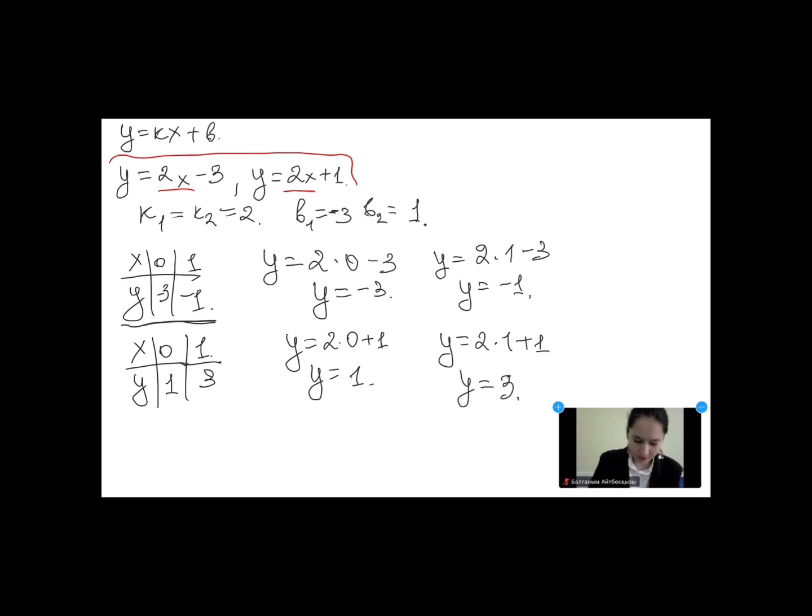Let's draw the first function's graph. If x is 0, then y is minus 3. If x is 1, then y is minus 1. Yeah, you're right. And here will be a point, and here will be a point, minus 1.